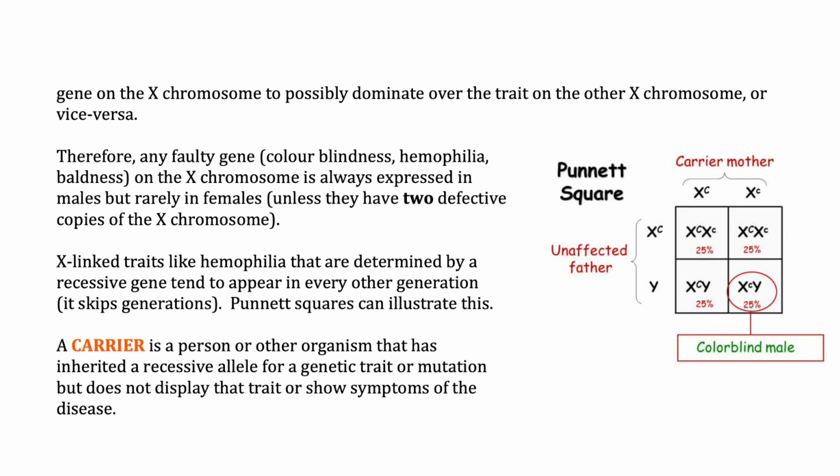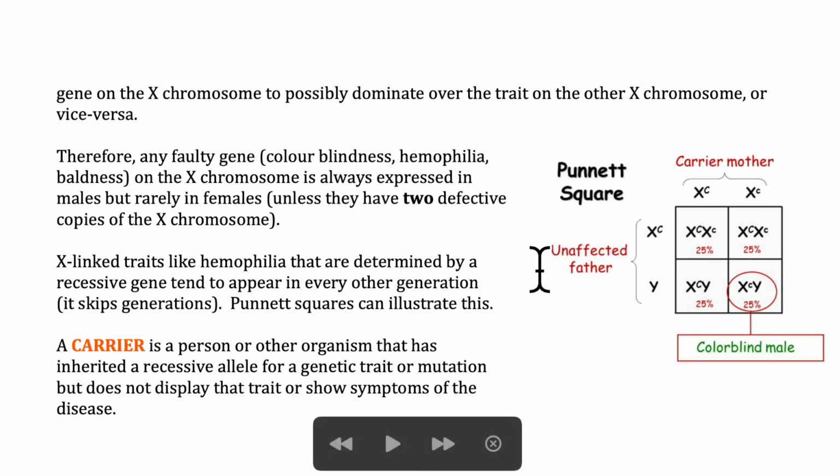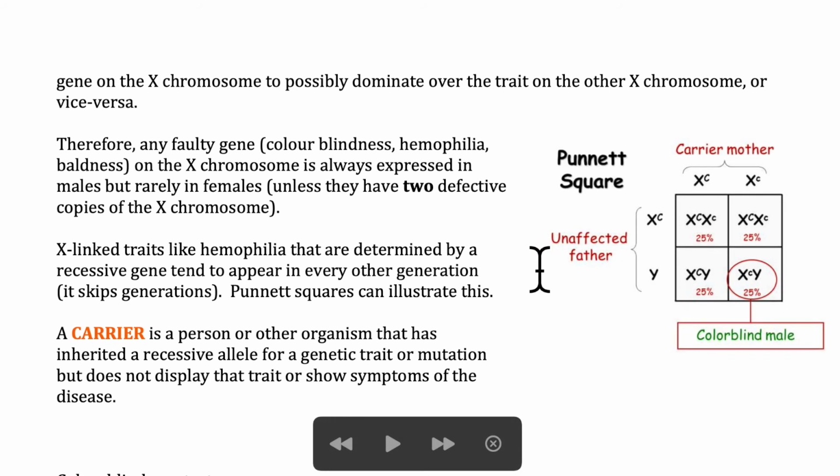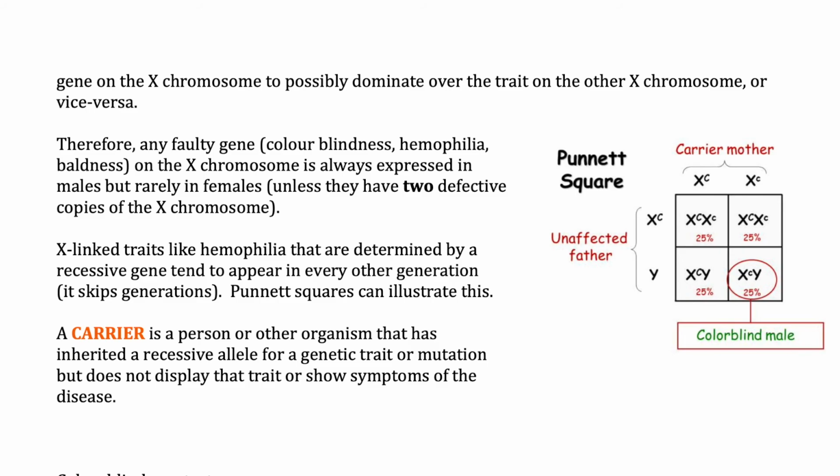And this mother has a capital C, so she's good, but then her other one's got a little lowercase c. So in this Punnett square here, you can see that's an unaffected female, but she's a carrier. You have another unaffected female, but she's a carrier. And then you have an unaffected male, but then that last one there, that poor guy, is an unlucky colorblind male.